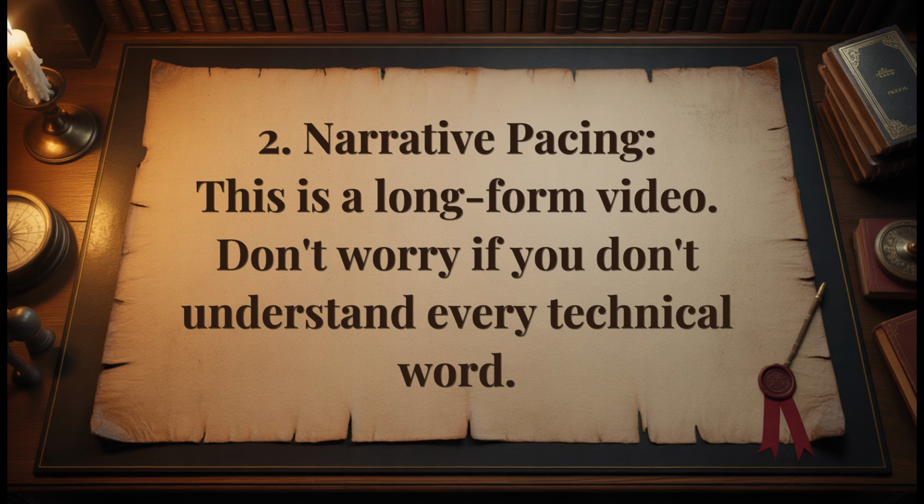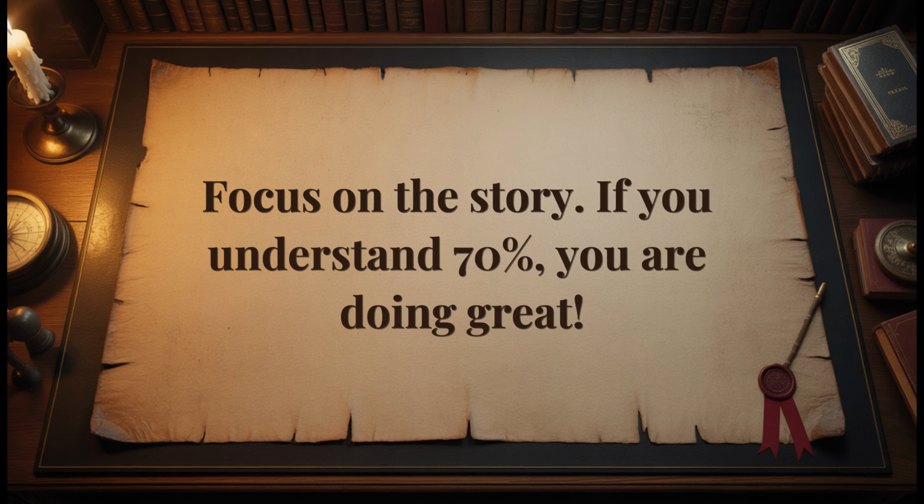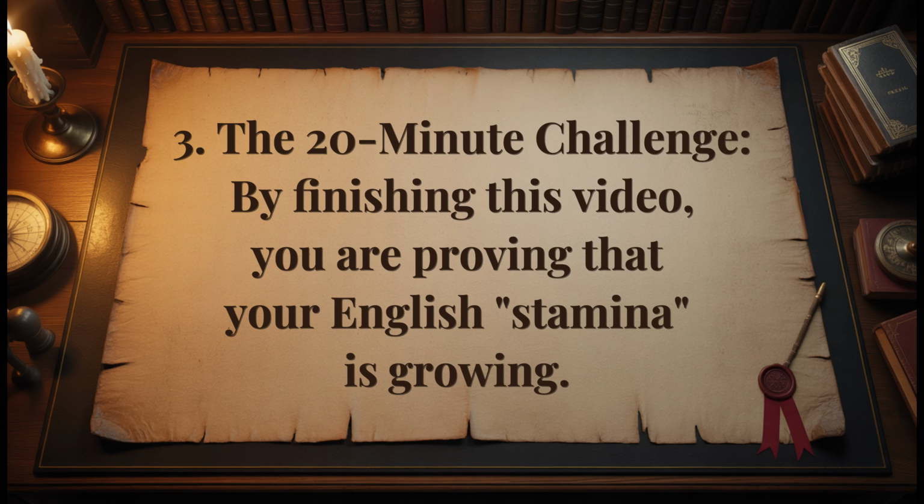Narrative pacing. This is a long-form video. Don't worry if you don't understand every technical word. Focus on the story. If you understand 70%, you are doing great. 3. The 20-minute challenge. By finishing this video, you are proving that your English stamina is growing.